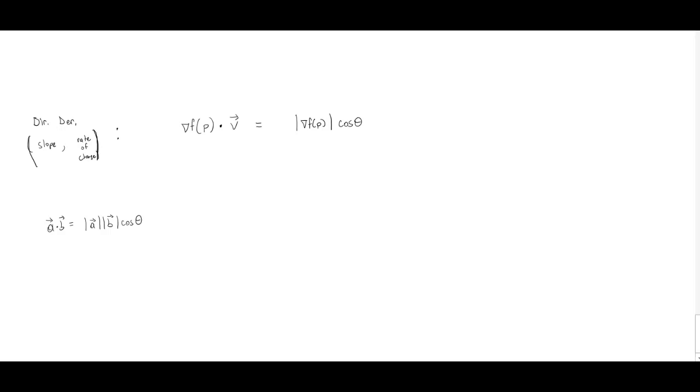So looking at this expression, we end up getting the maximal rate of change at the point P. So in order for the rate of change to be as large as possible, I would need cosine of theta to be as large as possible, okay?